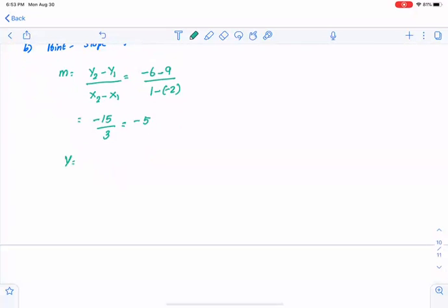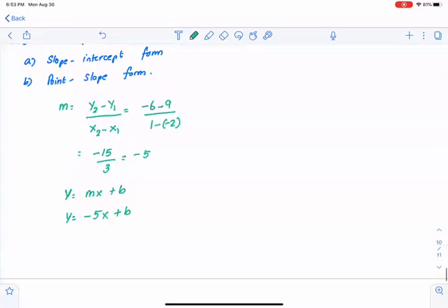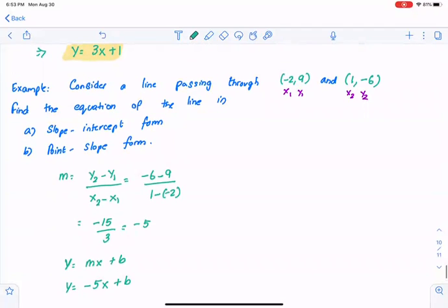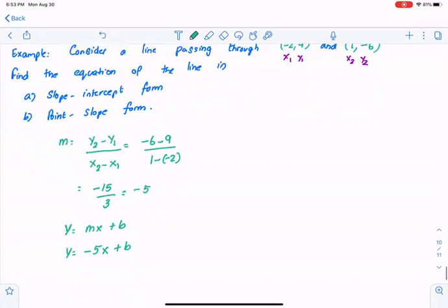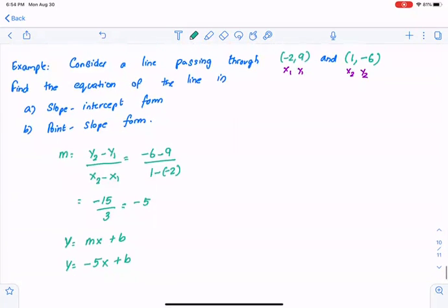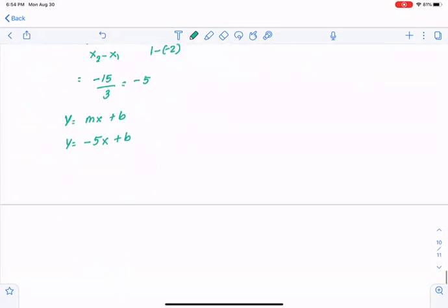Now y is equal to mx plus b, so y would equal -5x plus b. We want to solve for b. We know that we can pick either of those 2 points. Well, in this problem, it doesn't matter. Both of them are of the same difficulty. So I'll just pick the first one. X is -2 and y is 9.